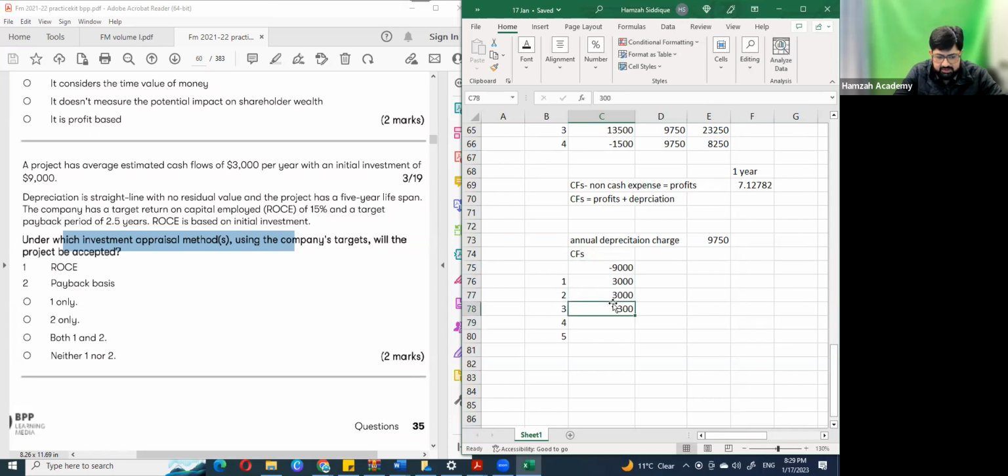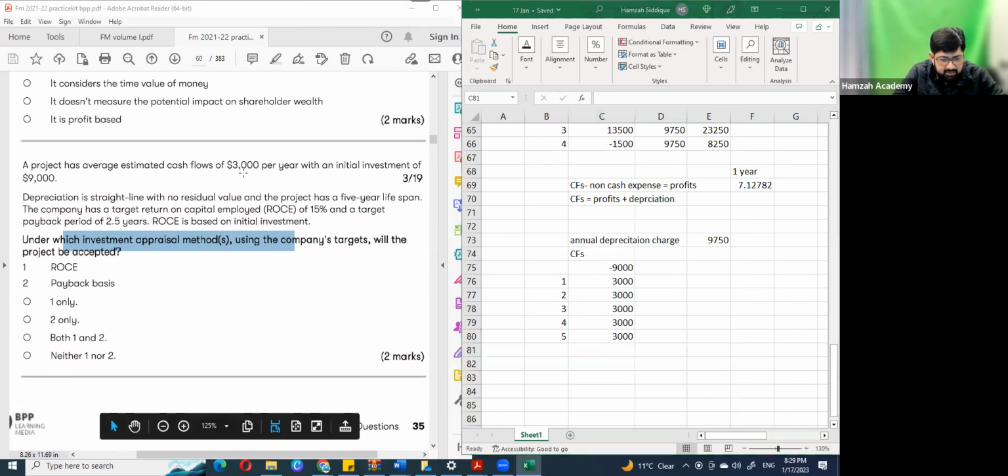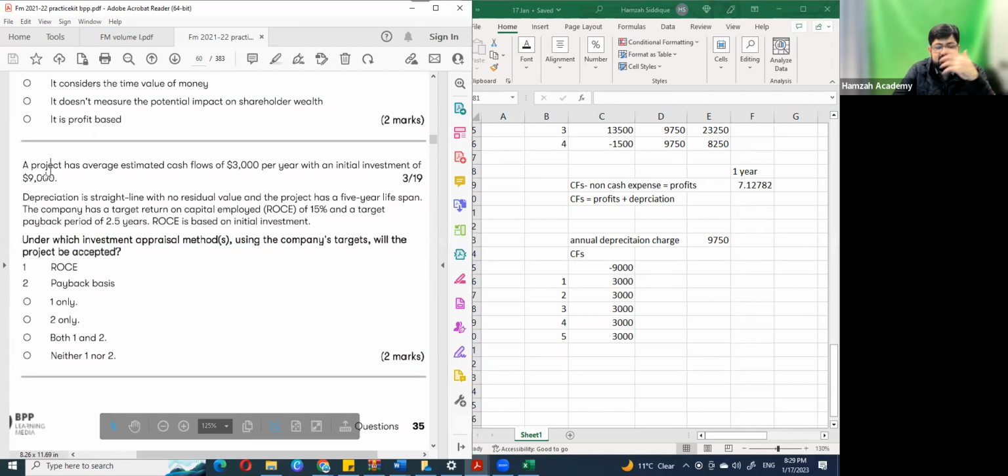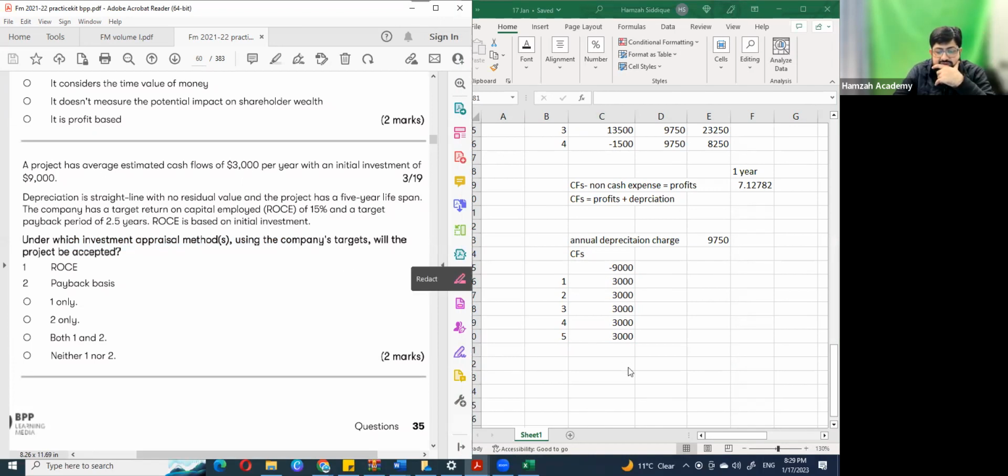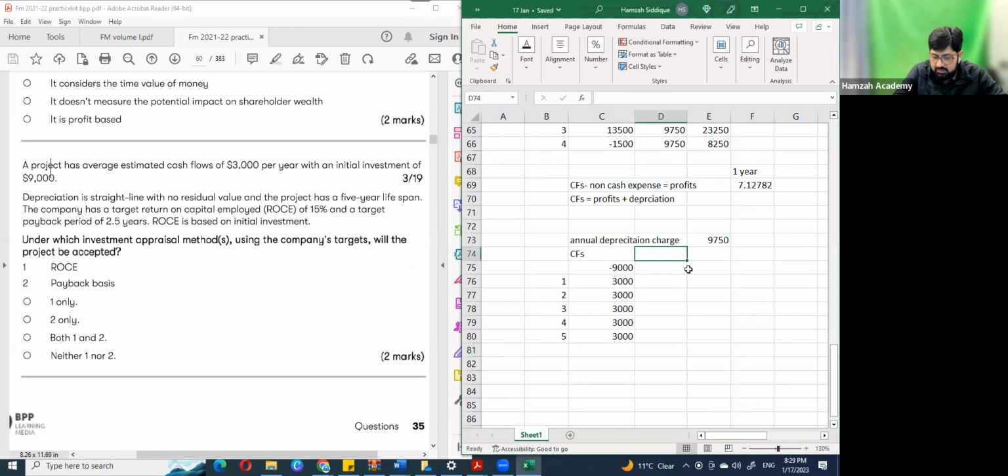Payback is very easy to calculate, by the way. What is the payback period of the project? Tell me. 3,000 annual cash flow, initial investment 9,000. So 3 years is the payback. So we can calculate cumulative cash flow. Remember, for payback, we need cash flows, already given.